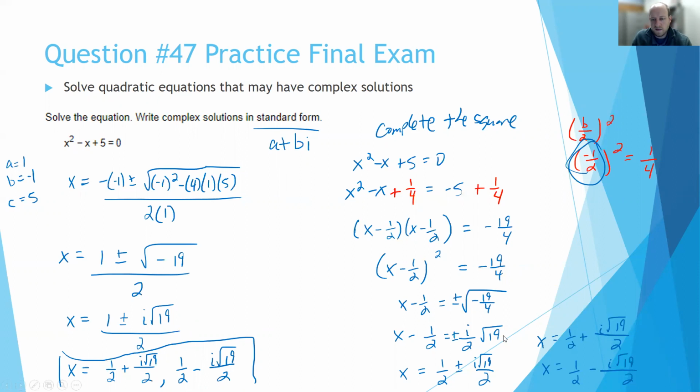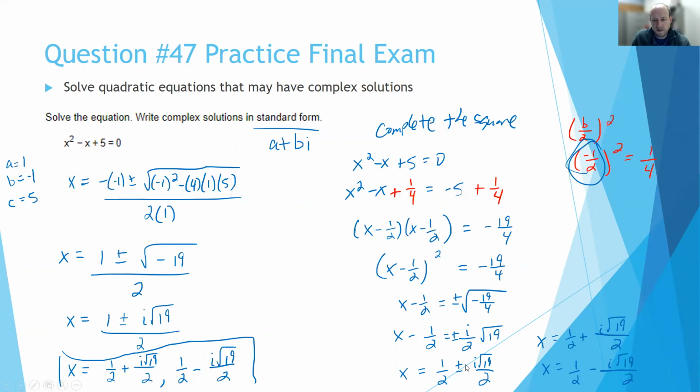Okay, and you notice here this step that I kind of put the i and the 19 together on the top of the fraction. You can do that because this is really the square root of 19 over 1. So it's i times the square root of 19 all over 2 times 1, or just 2.